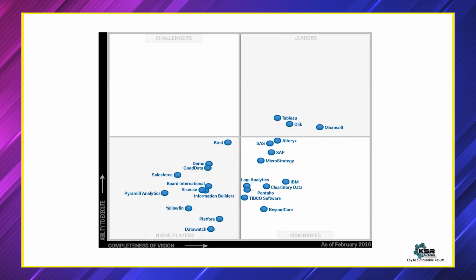Now, if I go to 2016, the 3 players are in the leaders quadrant, and remain there till today. But if you see, Tableau's market dominance has come down, whereas Microsoft's dominance is increasing. It was here. Probably it is stable here, but Tableau's market dominance has come down. This is 2016.